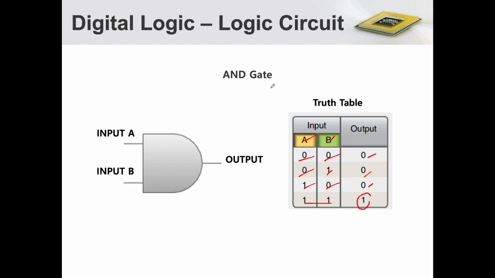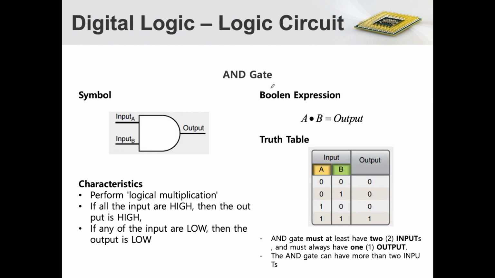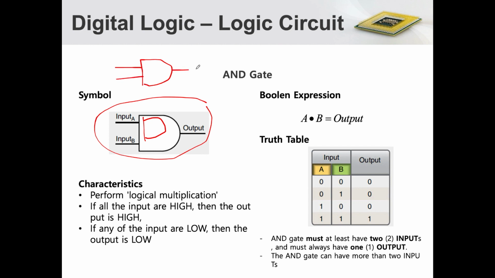So how to conclude it? I conclude it like this. This is the symbol. I hope you're going to remember this because it looks like a D. For me it looks like a D. And then you have two inputs and one output. So it's quite easy to remember, of course.